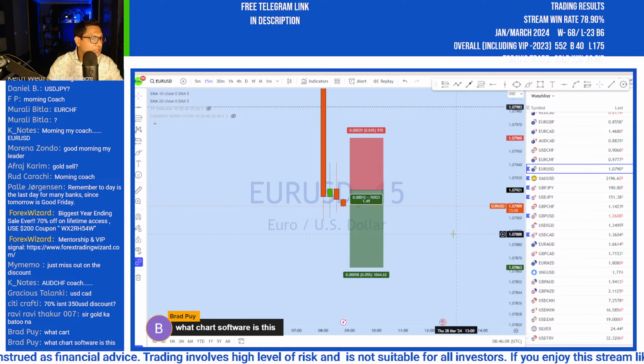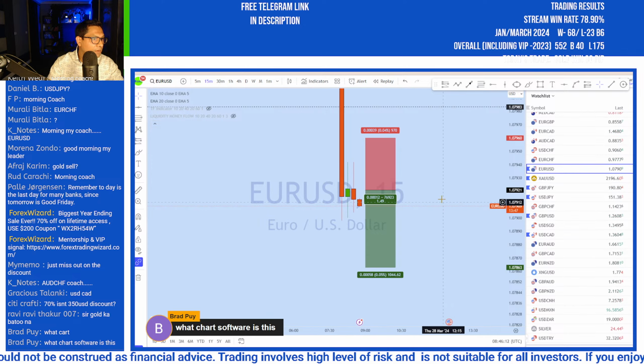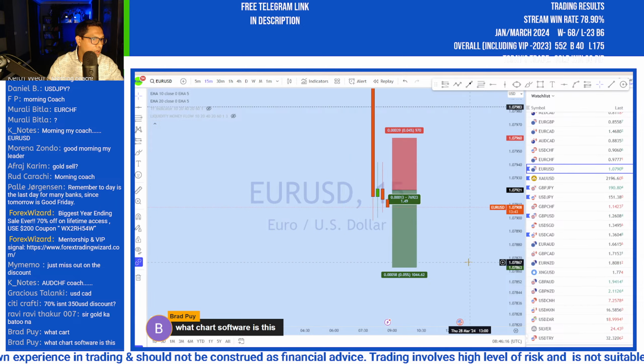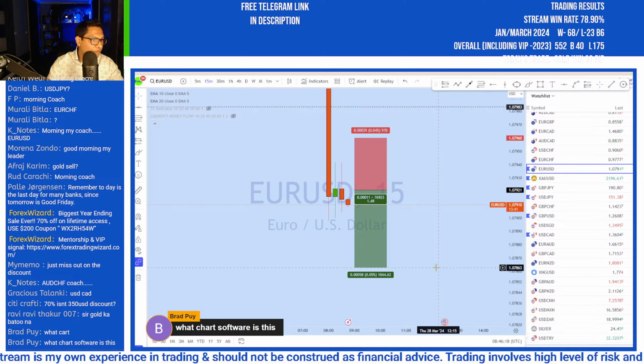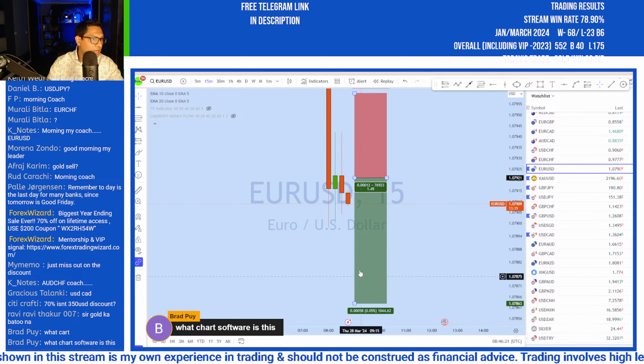So the 15 minutes is a red bearish candle, so this one has potential for further downside, expecting it to break in that direction.